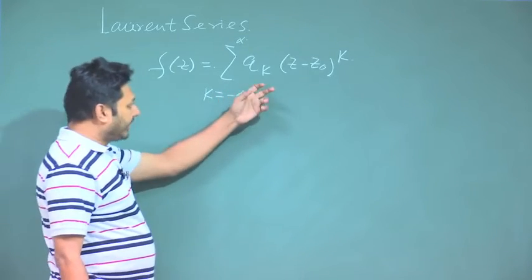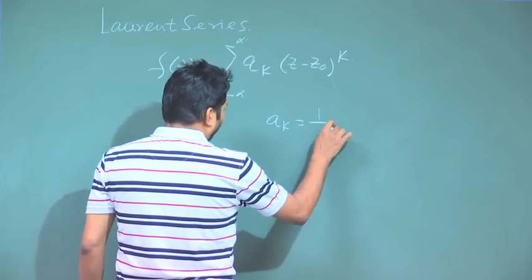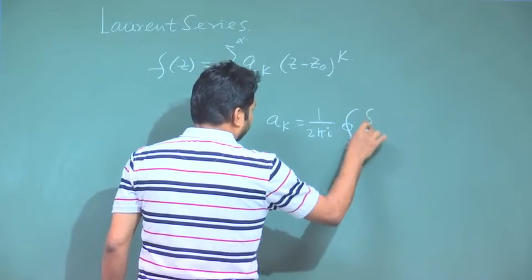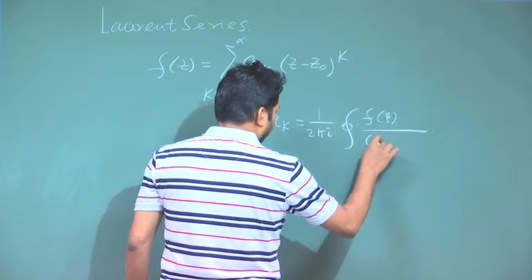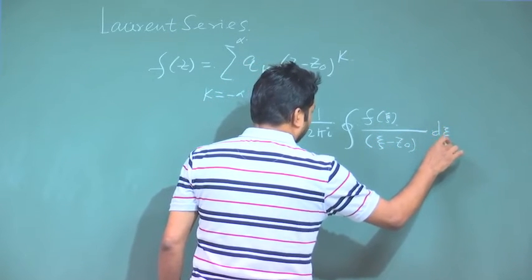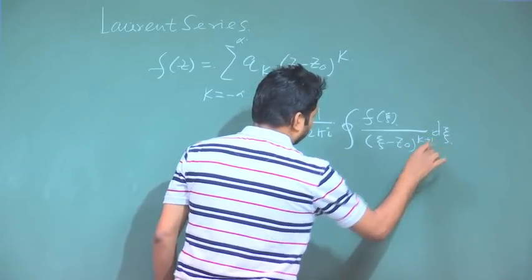The coefficient a_k was something like 1 by 2 pi i, closed integral f(xi) divided by (xi minus z0) to the power k plus 1, d xi.